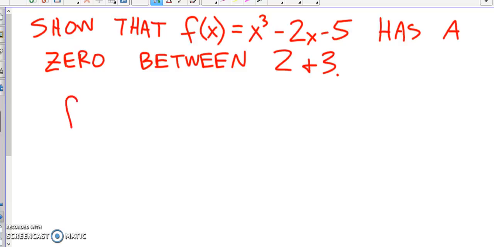First, we can examine what f of 2 is. What is f of 2?